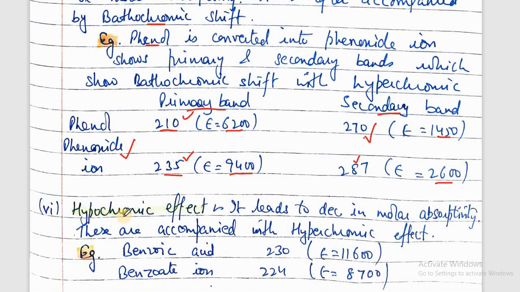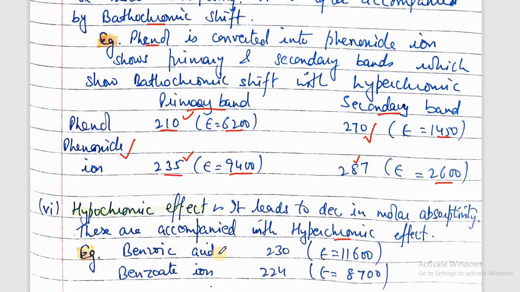hypochromic shift. Hypochromic shift leads to a decrease in molar absorptivity, that is downwards, and it is accompanied by hypsochromic effects. If we take an example, suppose it is benzoic acid.